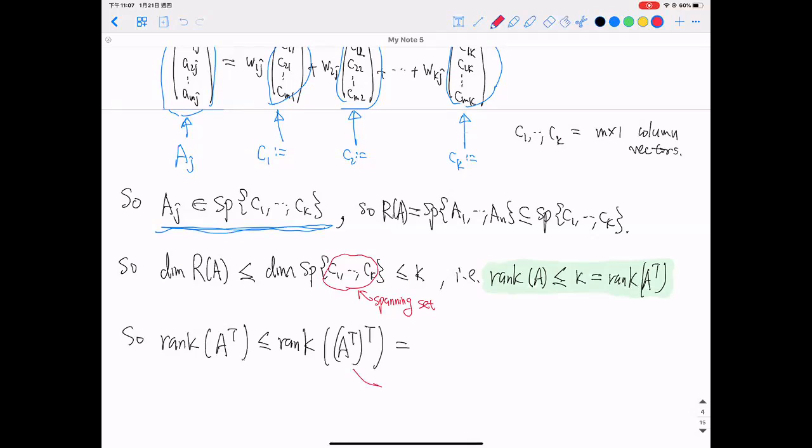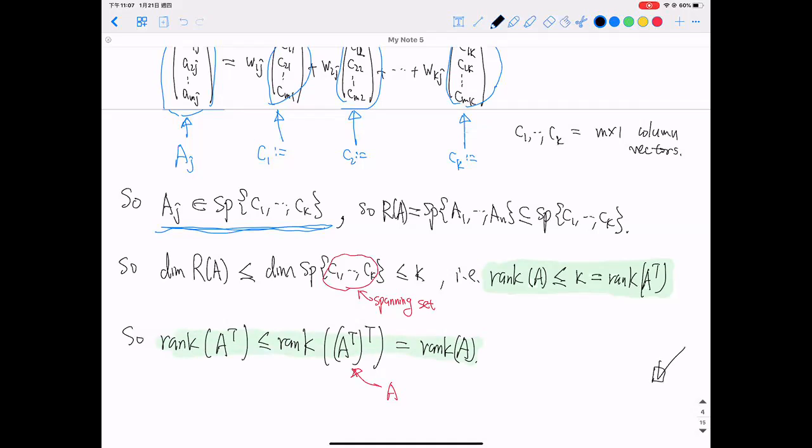As we've talked about before, by the construction of transpose, A transpose transpose is just A. So this rank is the rank of A. Now we have the rank of A less than or equal to the rank of A transpose and the other way around. So they must be equal. That's that. Very simple.